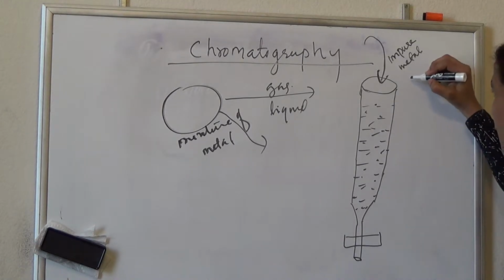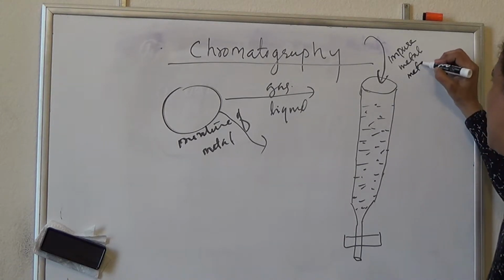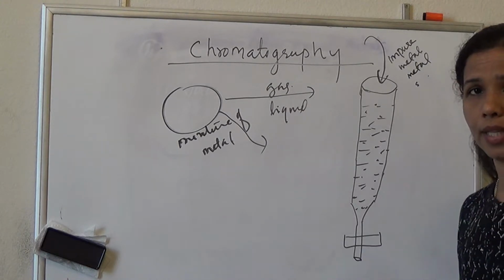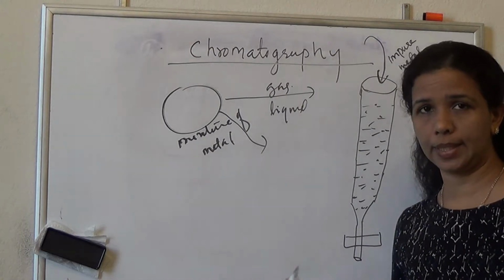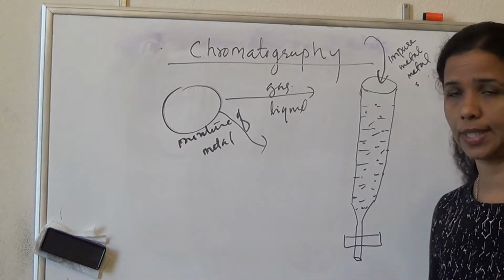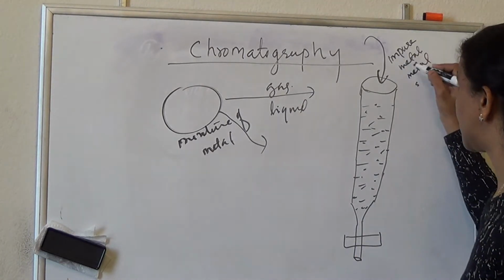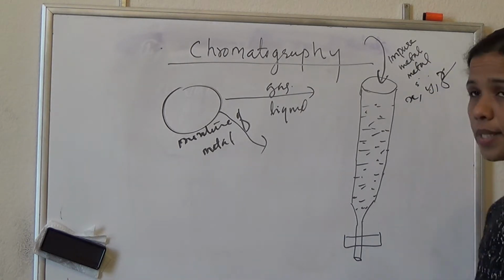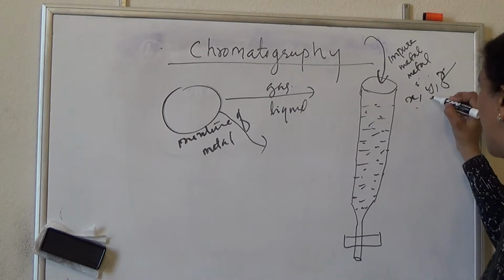It contains the metal, maybe some other metals, then non-metals, etc. There will be so many components. We don't know what impurities are present. Let it be three components: X, Y, Z.